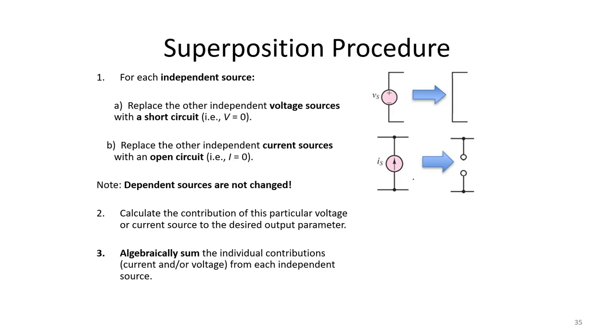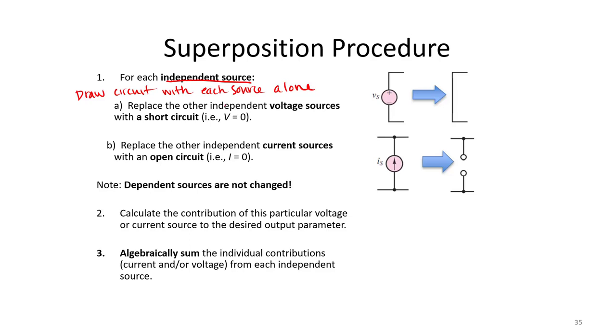Here's the procedure that I recommend you follow. First, you want to draw the circuit with each source considered separately. And again, you do this for each of the independent sources.